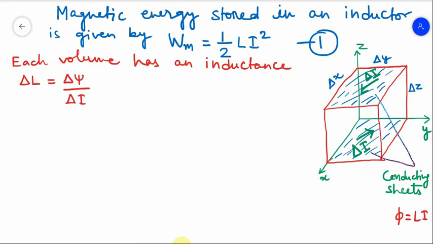In this case, since it is differential, we have represented it with del psi. So del psi equals L into I, and del L equals del psi upon del I.